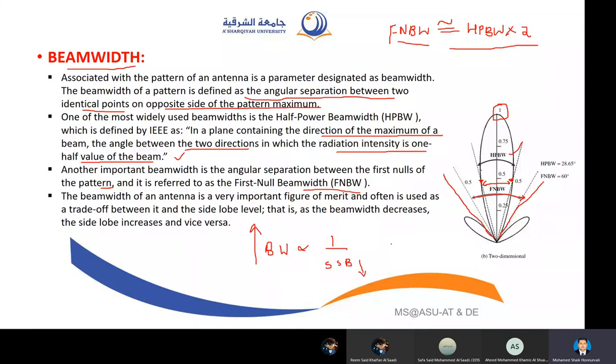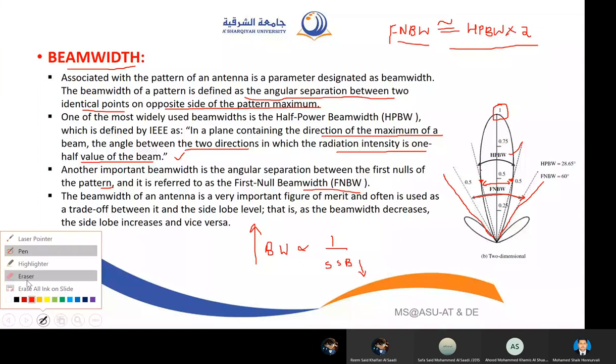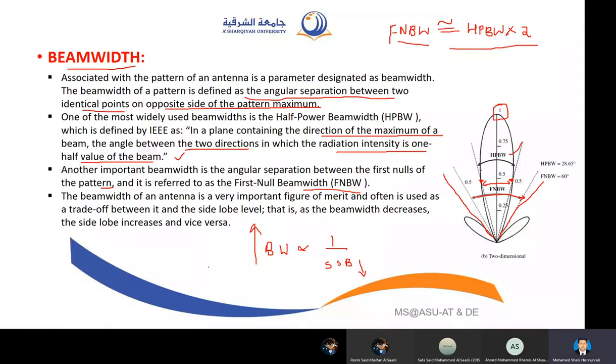Opposite to this, if the beam width value is very low, then you have a high side lobe level ratio. That means there is more loss of electromagnetic waves. So please keep this relation in mind: beam width, not bandwidth, is inversely proportional to the side lobe level ratio.